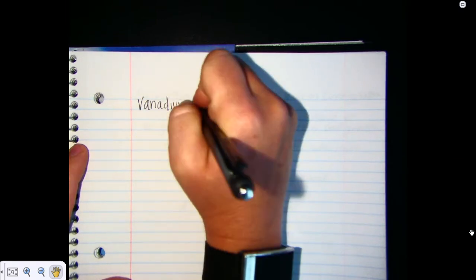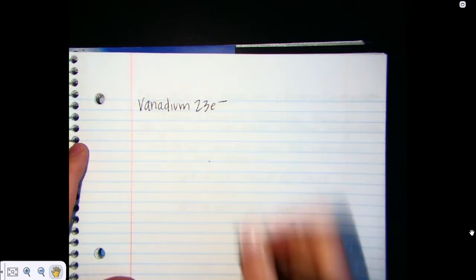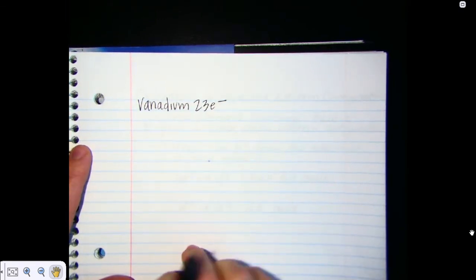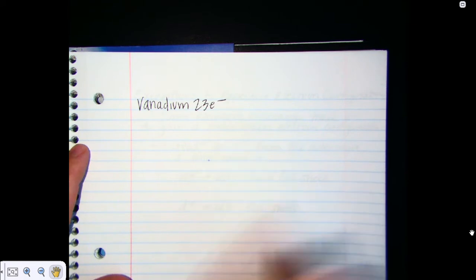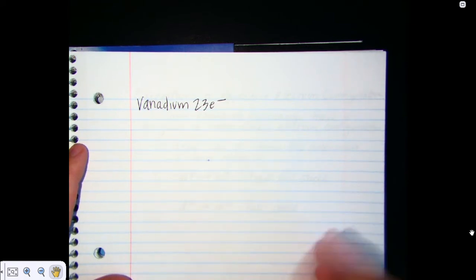So the next one that we're going to do is vanadium. Vanadium has 23 electrons. So just like I did with chlorine, I'm going to start at 1s and start filling them in till I run out.